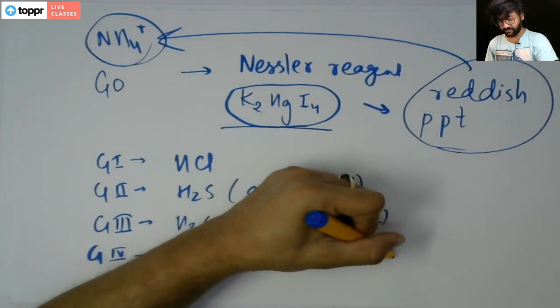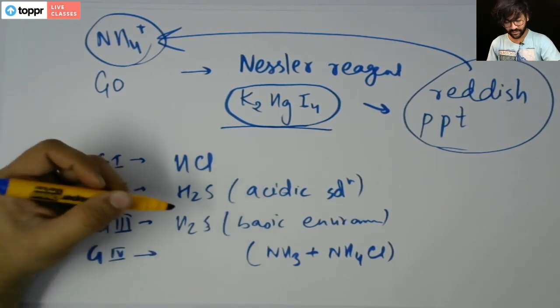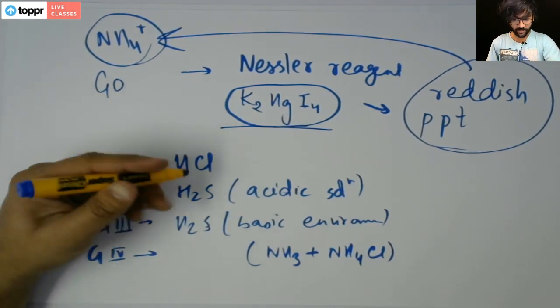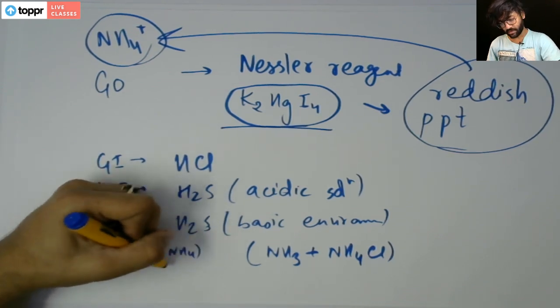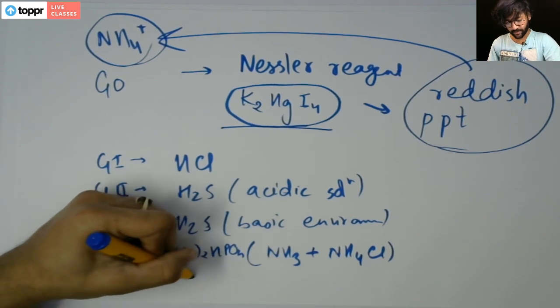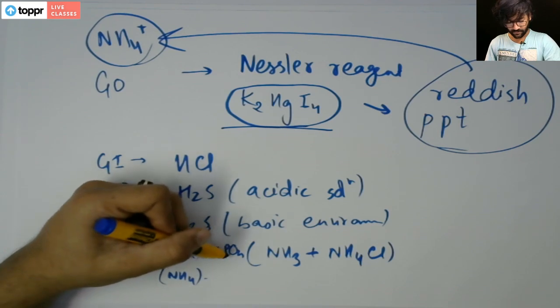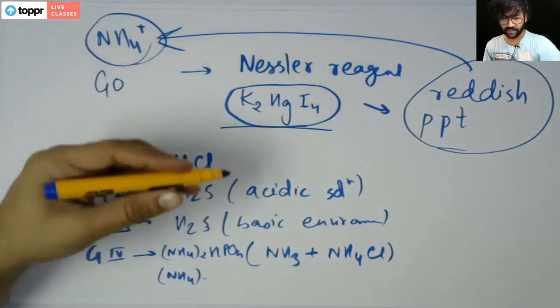In the buffer we can put hydrogen phosphate or hydrogen carbonate salt, for example ammonium hydrogen phosphate, or we can put directly the carbonate.